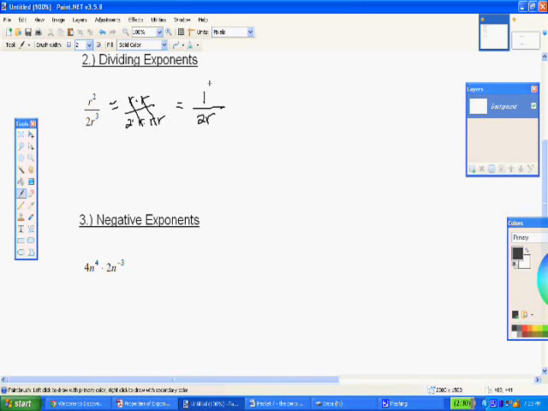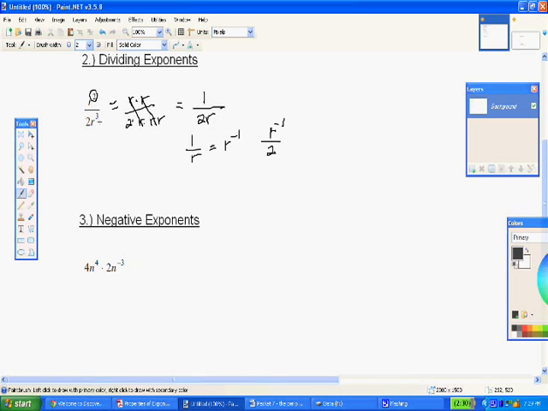And that's our answer. Now, remember, we learned earlier this week that if we see an exponent with 1 over something, it's the same thing as saying r to the negative 1. So another way to write this answer would be r to the negative 1 over 2. And I just wanted to write it like this to prove a point.